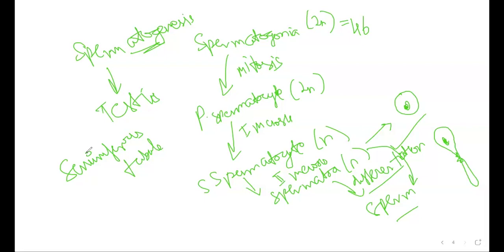If you remember, I told you that the interstitial cells surround the seminiferous tubules, and these interstitial cells provide nutrition for the process to happen. Finally, the sperms are formed, and these are motile structures.